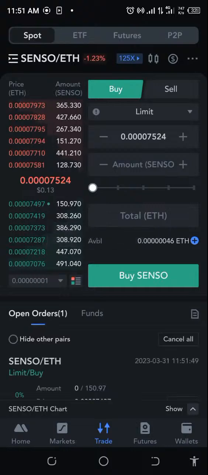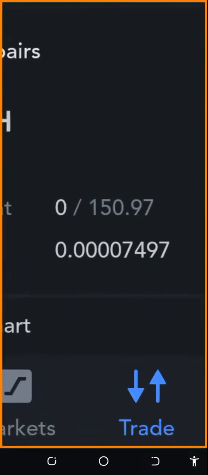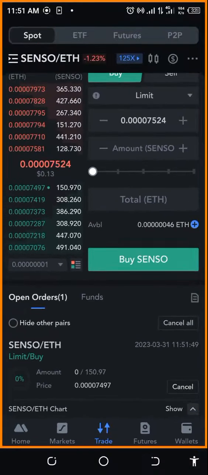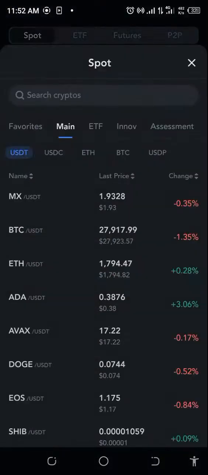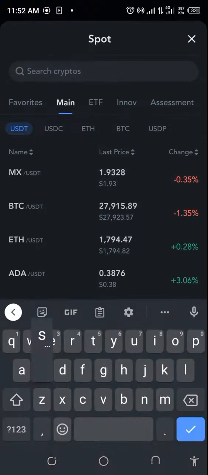Okay, so what we got was 150.97, I guess. Okay, let's quickly go and see if we sell this to Senso USDT, how much we're gonna make.